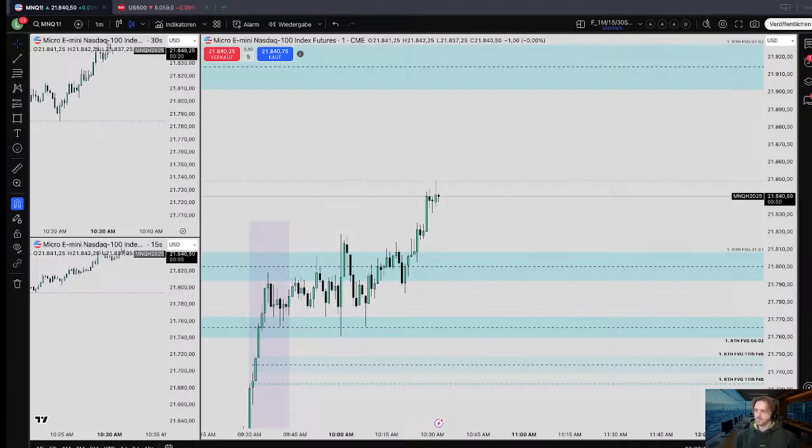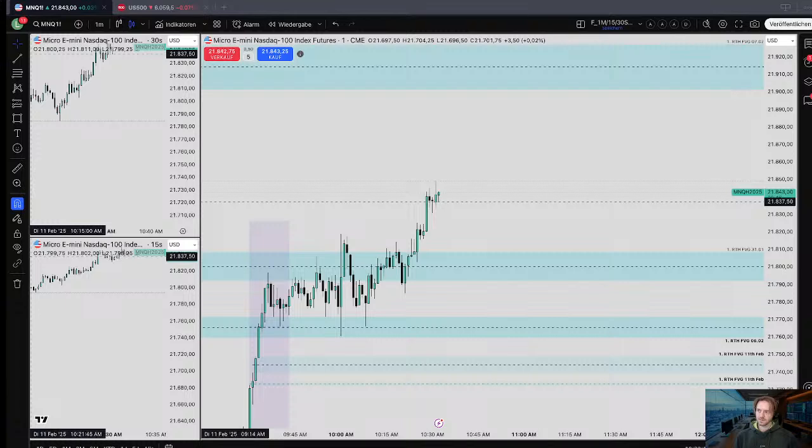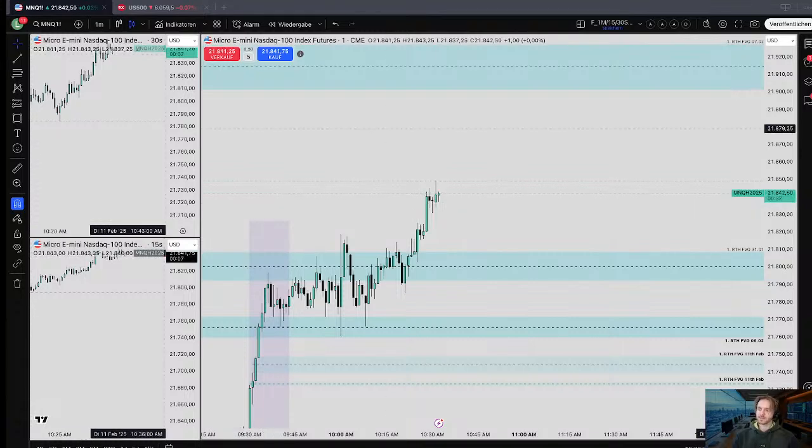But it's important to close over this level, because this is the CE of the fair value gap, 50 minutes. So if we're not able to close above this level, I have to wait what the price is doing. But it looks pretty good.